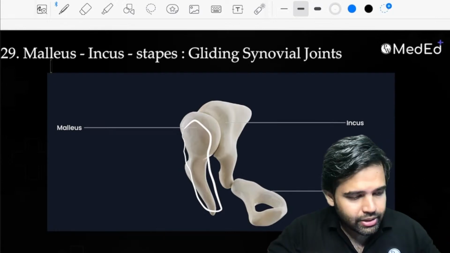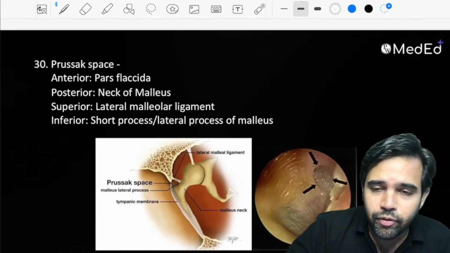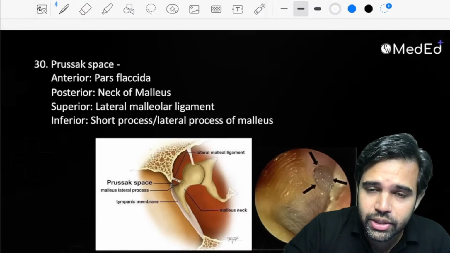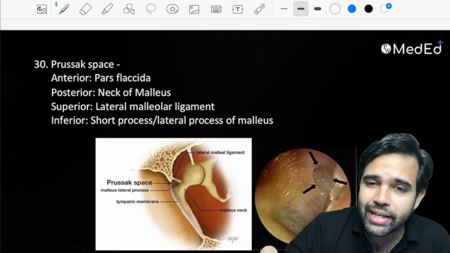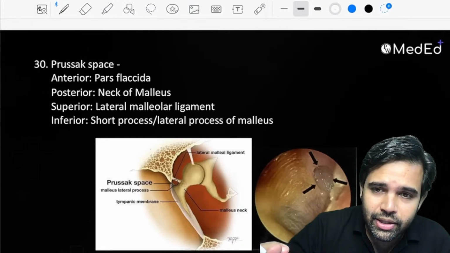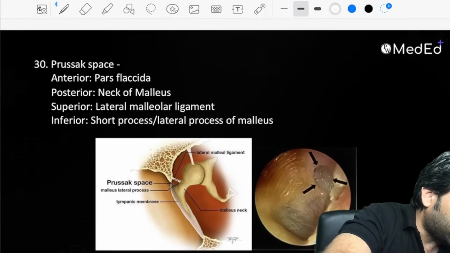Okay, so let's talk about the lateral wall first. Before we go to the walls, this Prussak's space is very important. Many questions come on this, and that's also because the source of cholesteatoma is very much related to this Prussak's space. Prussak's space, as you see, is in the pars flaccida, also called Shrapnell's membrane. Sometimes they call the pars flaccida the Shrapnell's membrane.